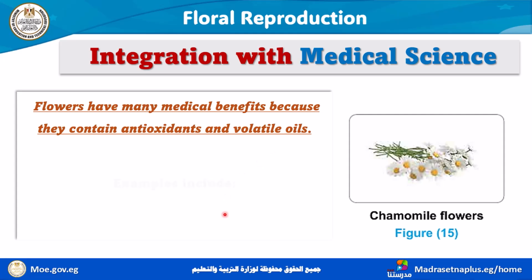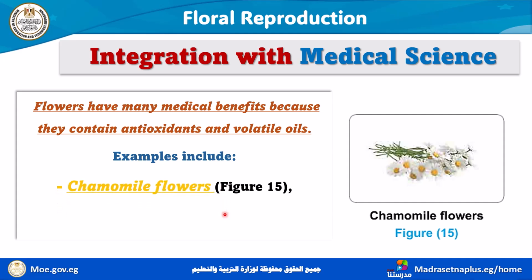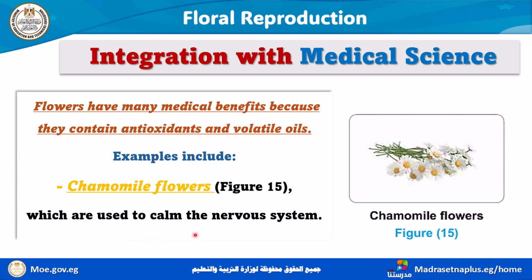Let's start with the first example. The first example includes the chamomile flower. The chamomile flower is used to calm the nervous system. This is the chamomile flower. It's one of the flowers that is used in calming the nervous system.